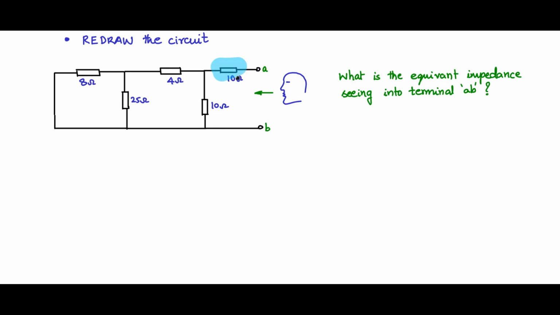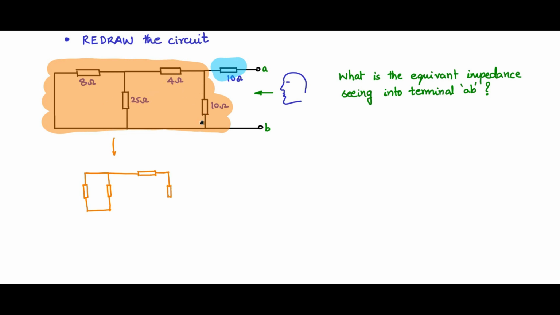There is one 10 ohm part here and all these parts. So these two are in series. Let us simplify this part first. This can be considered as 8 ohm, 25 ohm parallel in series with 4 ohms and then a 10 ohm there.